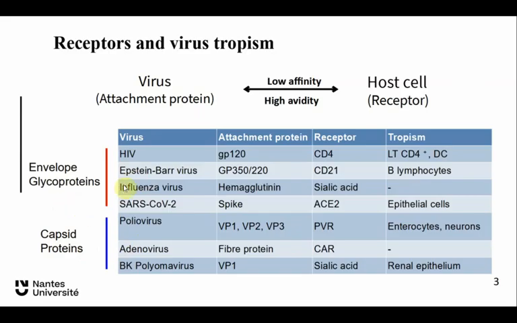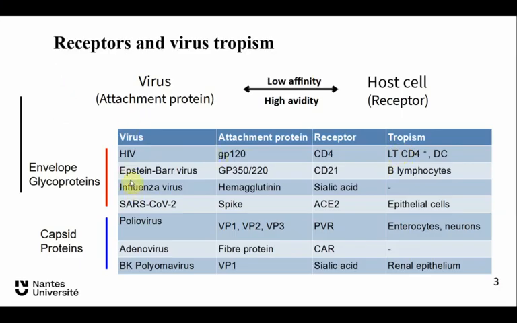For example, HIV, the attachment protein is GP120, which binds to the CD4 receptor, which is expressed on CD4 positive T cells, dendritic cells, monocytes, macrophages. So that explains why this virus infects T cells and why it causes the disease that it does. Because once you've destroyed all your CD4 T cells, you don't have an effective adaptive immune system anymore.